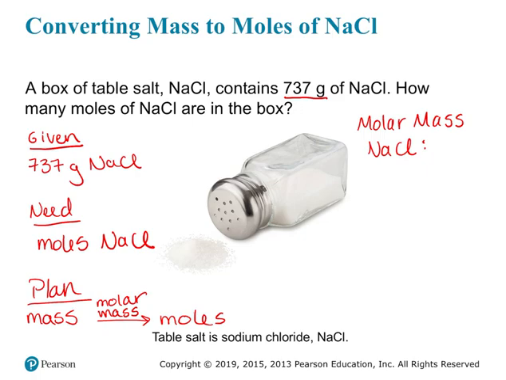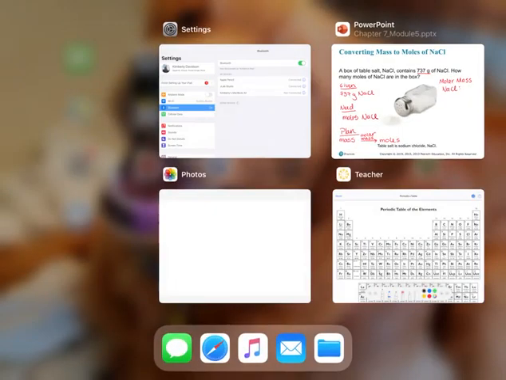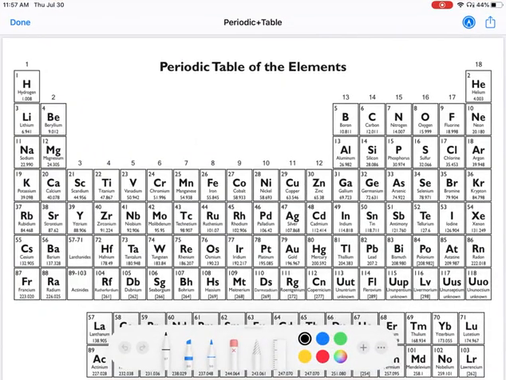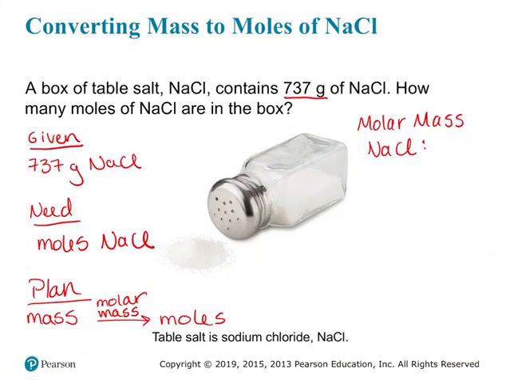So the molar mass of sodium, let's go to our periodic table. Let's see, sodium is number 11. So its mass is 22.990 grams per mole, and then we'll just add the molar mass of chlorine.